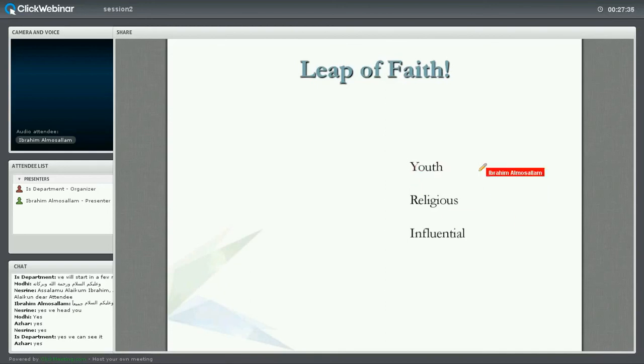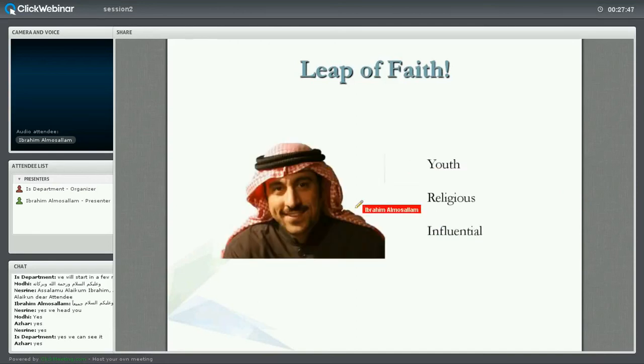Say, for example, take these words: youth, religious, and influential. And say your question is, who is the best person that encapsulates all these features? I just gave an example. Let's say it's Ahmed Shigeri. But this is me reading the words and coming up with an example. We are very close to doing this automatically by pseudo feature extraction.